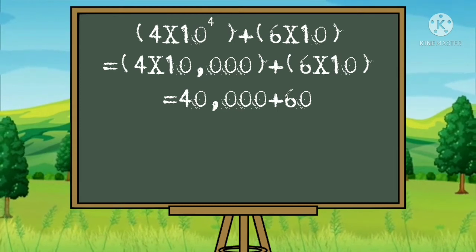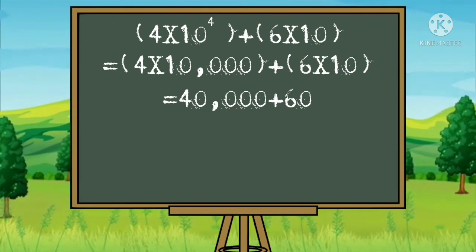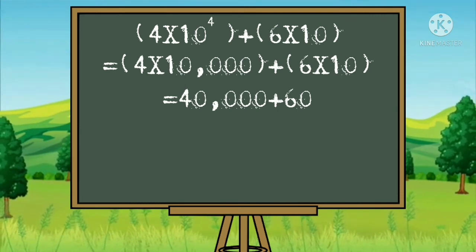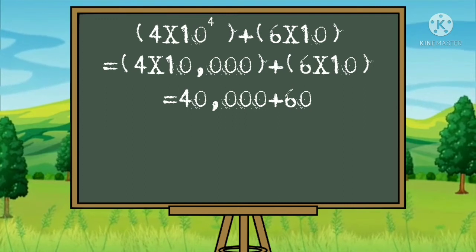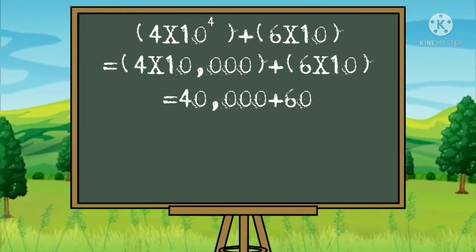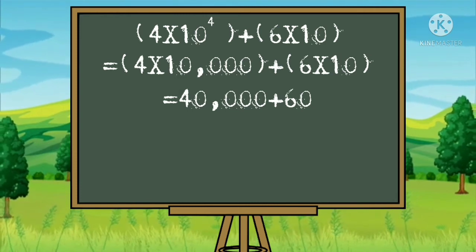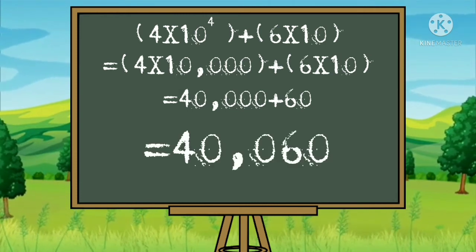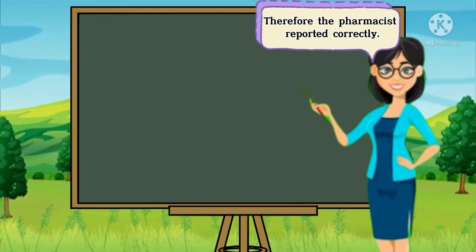Then copy again the addition operation and 6 times 10. 6 times 10 is equal to 60. Now we have 40,000 plus 60. Therefore, our final answer here is 40,060. And therefore, the pharmacist reported correctly.